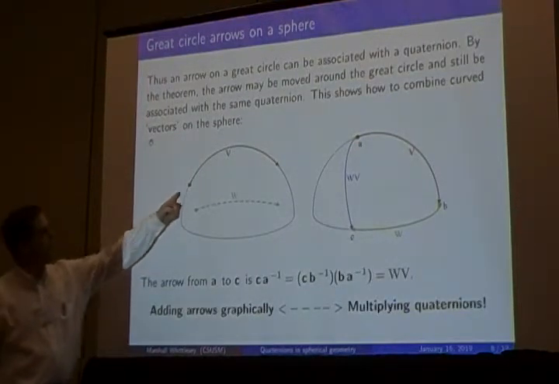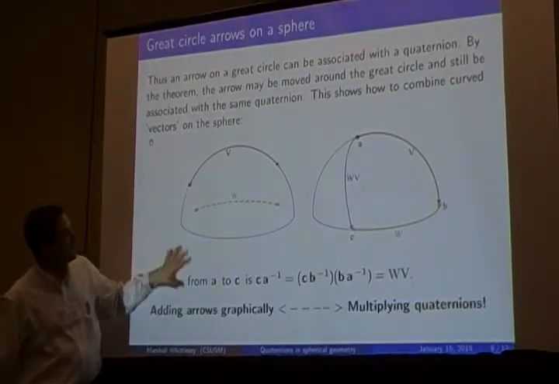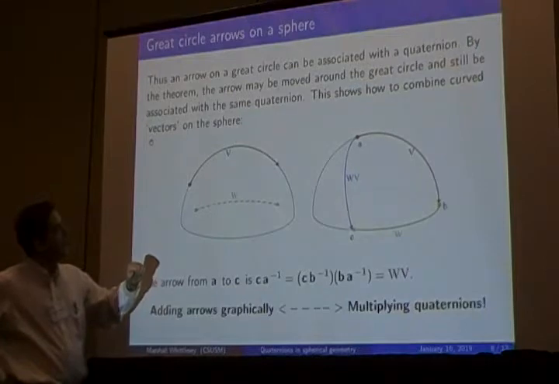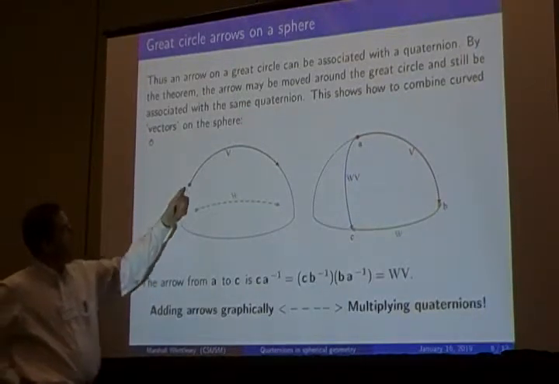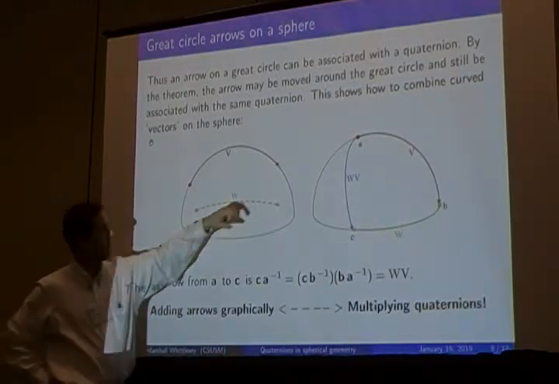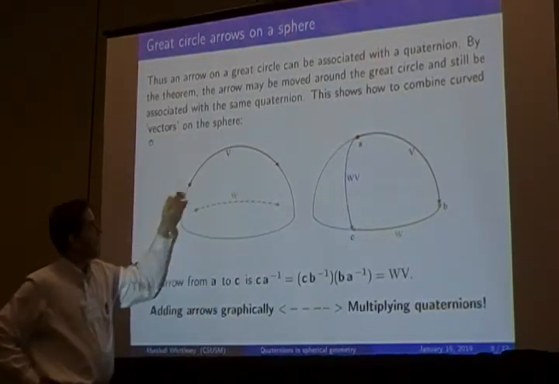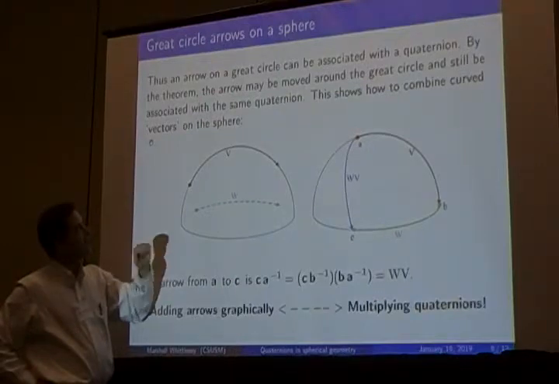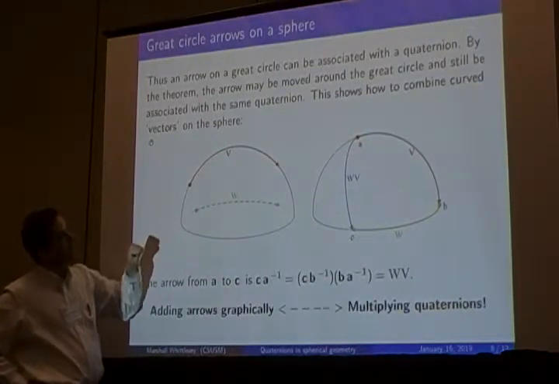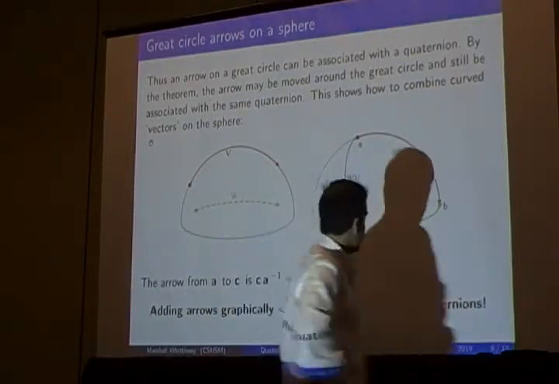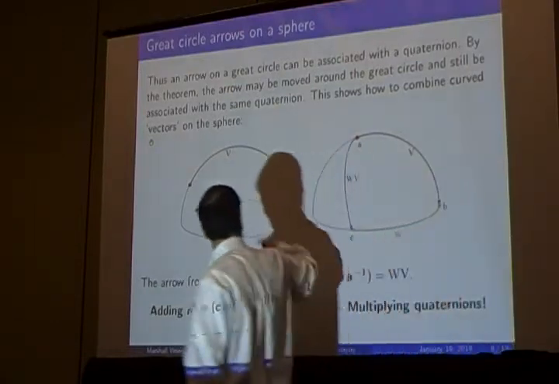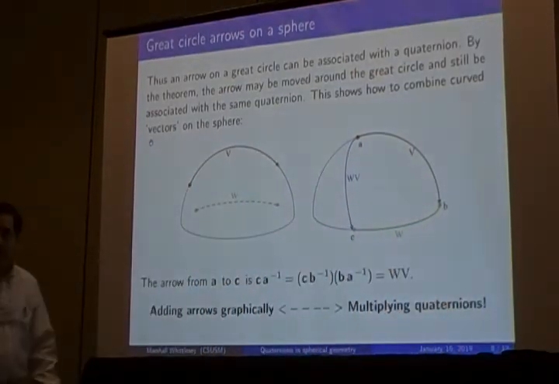If this were the directed great circle arc on a particular hemisphere, with a big sphere underneath it, then this directed great circle arc has a quaternion associated with it that I find by taking that divided by that. And it doesn't matter if that red arc gets rotated around the great circle that it sits on to be, for example, this one from A to B: BA inverse is the same quaternion as that times that inverse.